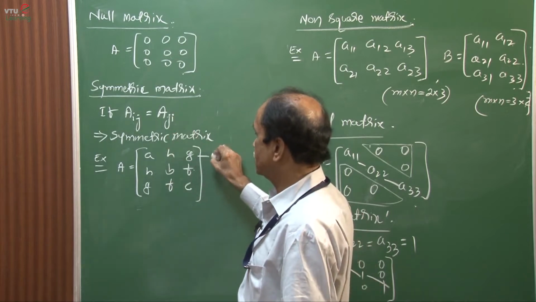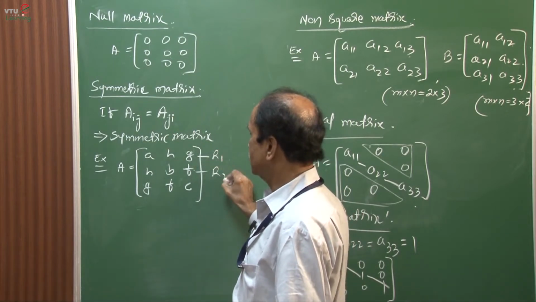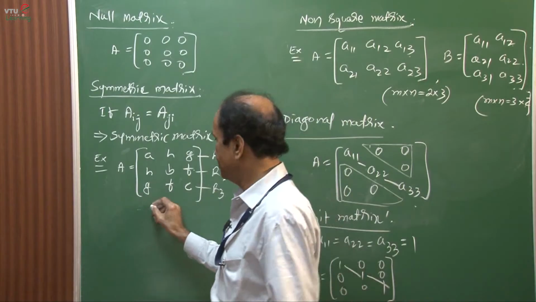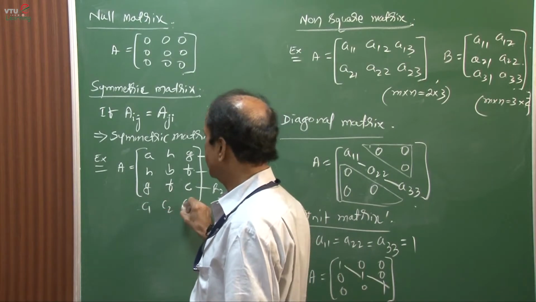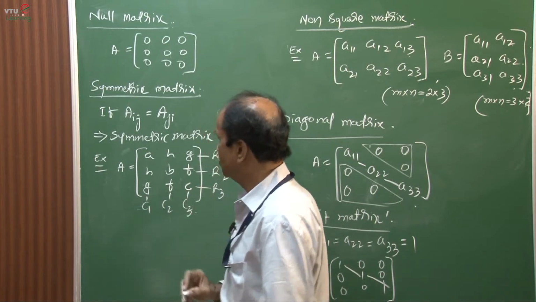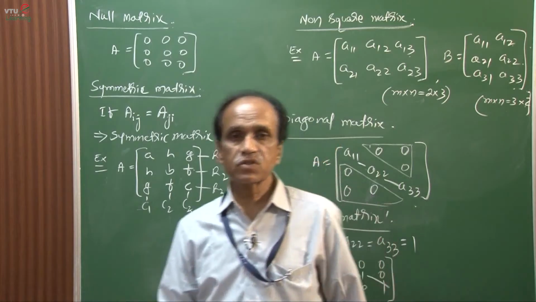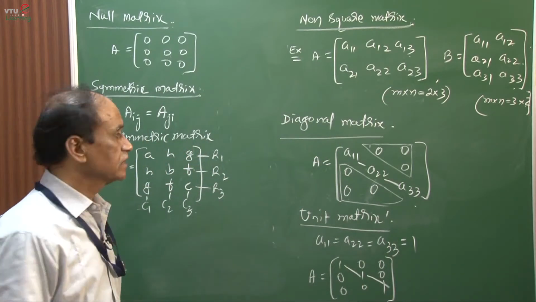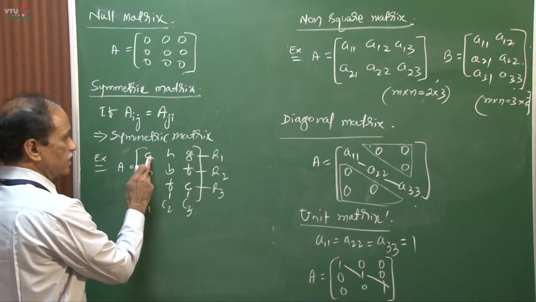Suppose this is the first row, this is the second row, this is the third row. If you interchange, that means this is C1, C2 and C3, column 1, 2, 3. When you interchange the rows and columns, if the matrix remains the same, we call it symmetric matrix.